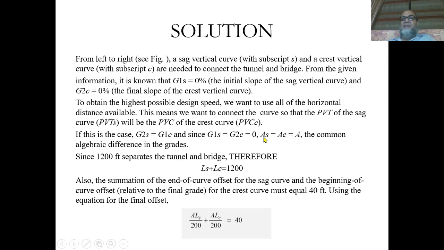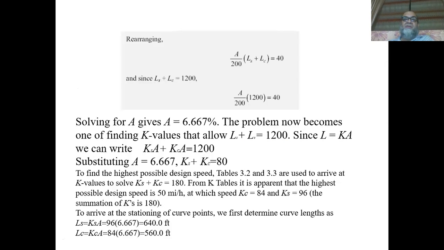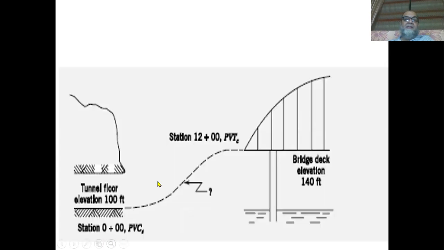And obviously this becomes A, the absolute sum of the grades for the sag curve and the crest curve. They are equal as well because one of the values is 0 and this G1 is common. You see here, this grade is common to both of the curves. So that's why this is G1.